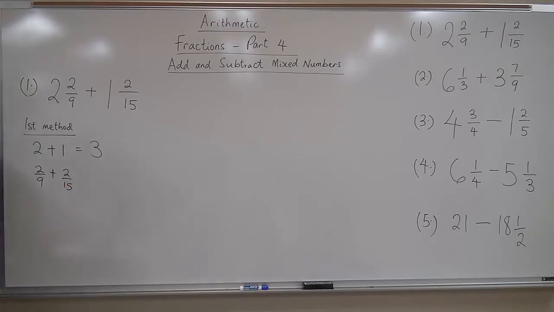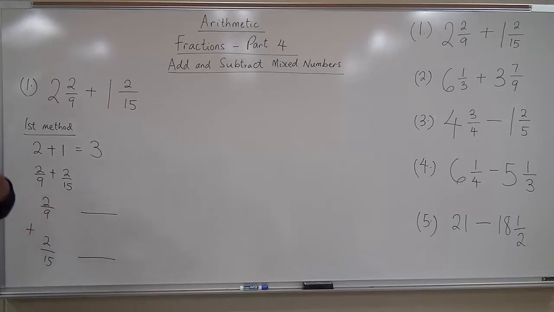I like using the vertical method when I solve a proper fraction, so I'm going to write it like this: 2 over 9 plus 2 over 15. I draw my line here. 9 and 15 do not have the same denominator, 9 is not equal to 15. So these two fractions have unlike denominators.